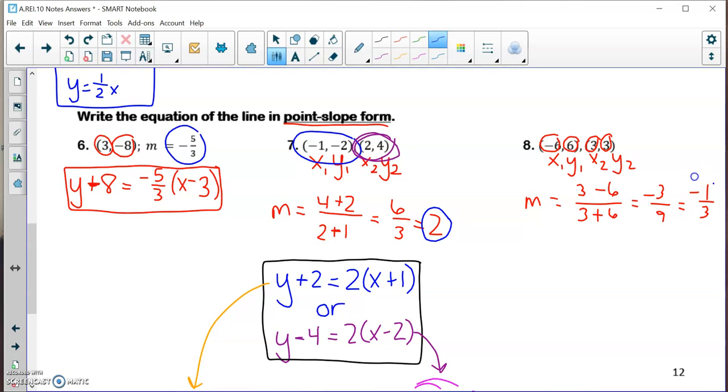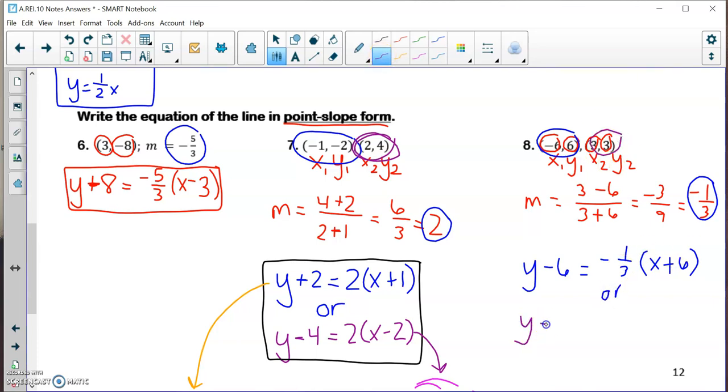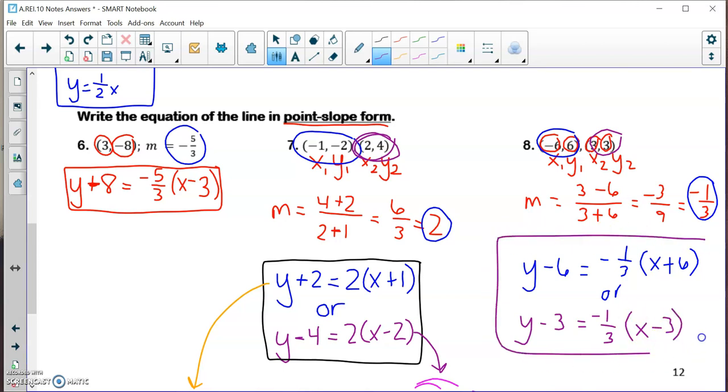So then we're going to take my slope and one of my points. If you chose the first point, your equation would be as follows. If you chose the second point, your equation would be as follows. You do not need both of them, but if you had one of these, I would accept that.